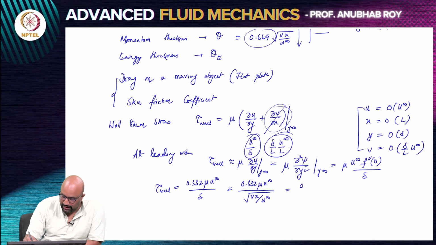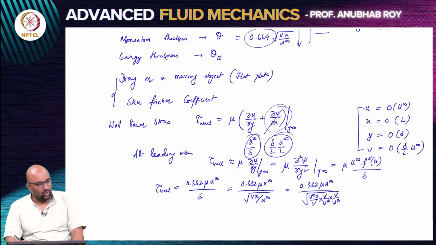Now, if I want to write the denominator in terms of a local Reynolds number, what do I do? So, I have nu x by u infinity. I want to remove x from the picture. So, I will write u infinity x by nu into nu by u infinity into nu by u infinity.